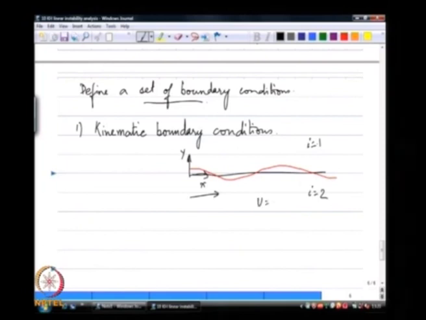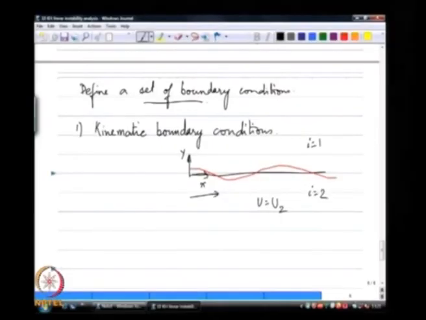Just take the mean flow condition, that u equals capital U2. So, now I have imposed these surface waves on the free surface, and the liquid, if I take a liquid particle right on that free surface, so this is a particle that is on the perturbed free surface.